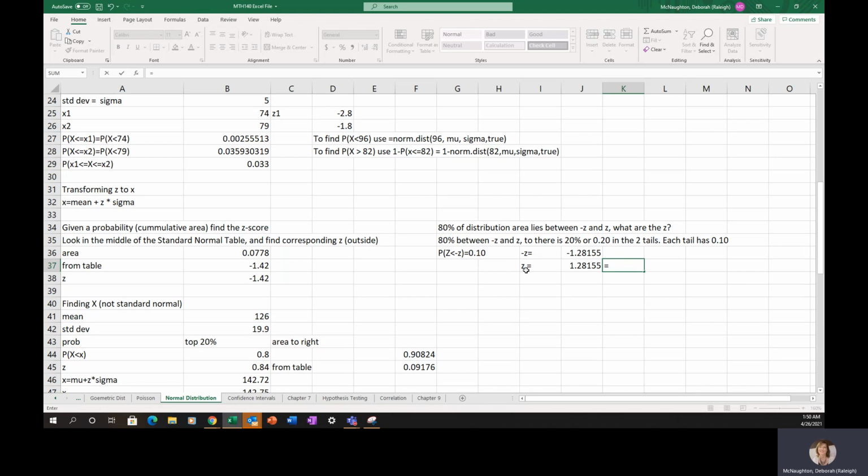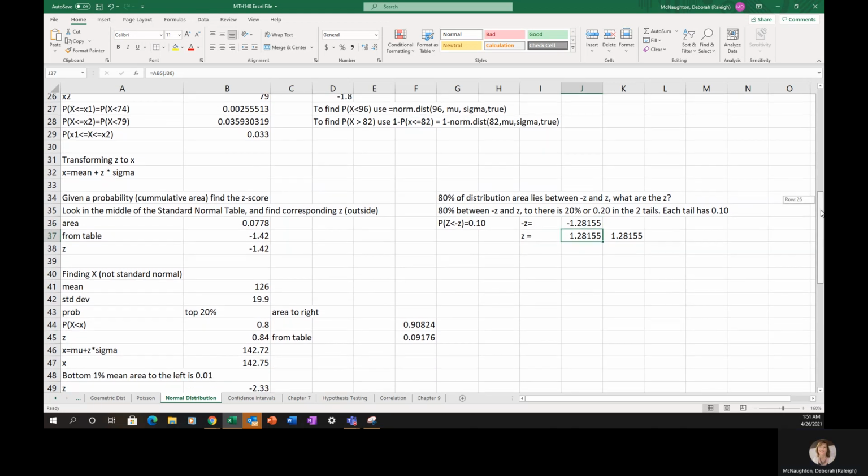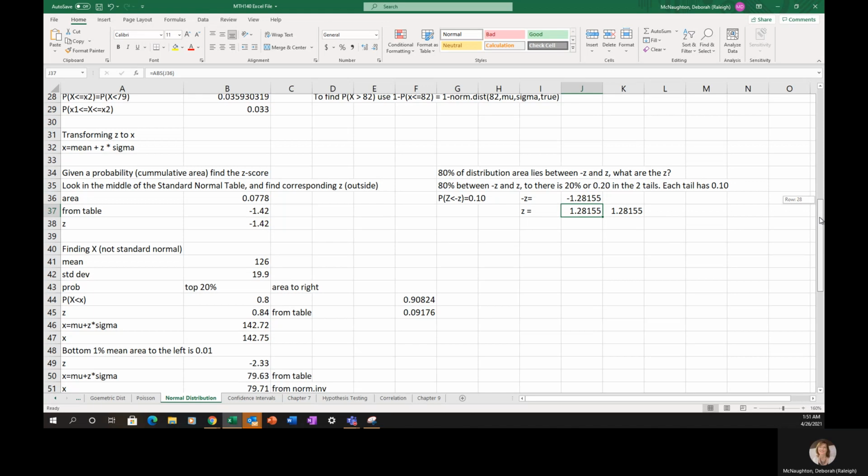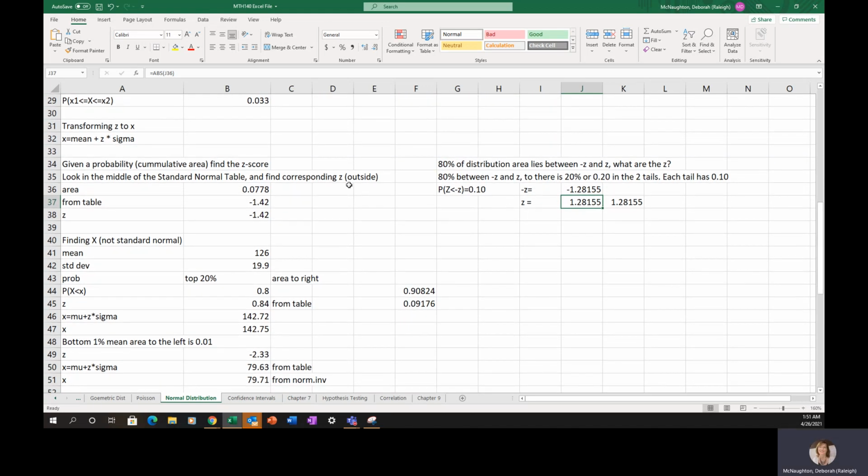So I go equal norm.s.inv, and then I'm going to put in 0.9. And notice it gives me the same answer, okay? So this is my negative z, and this is my positive z. Okay, so that's how we do that when we have a standard normal.